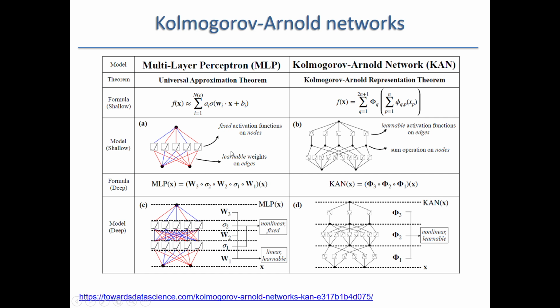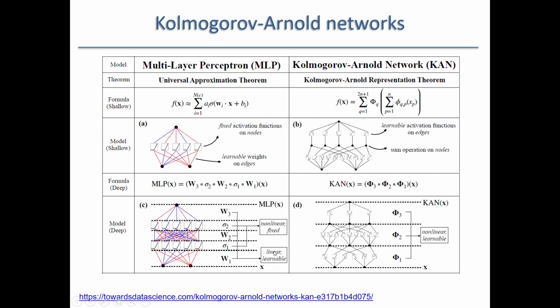A graphical representation is that in the perceptron we learn the weights from the input to the output, and the activation functions are always the same, fixed, and then it produces an output. Here we have functions to learn: the small phi, and then the capital Phi, which are the activation functions that are also learned.